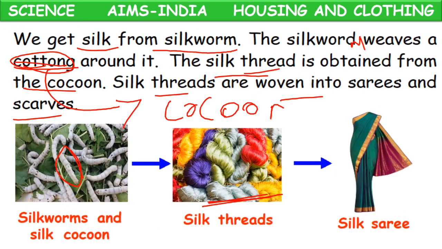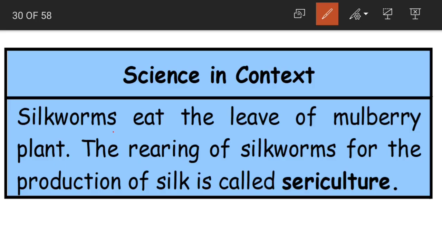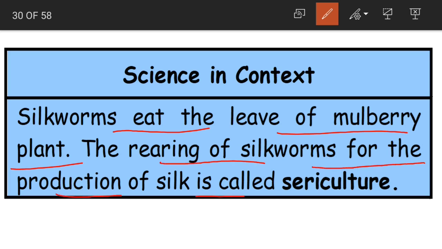Clear, children? Now, science in context: silkworms eat the leaves of the mulberry plant. See here, the silkworms eat the leaves of the mulberry plant. The rearing of silkworms for the production of silk is called sericulture.